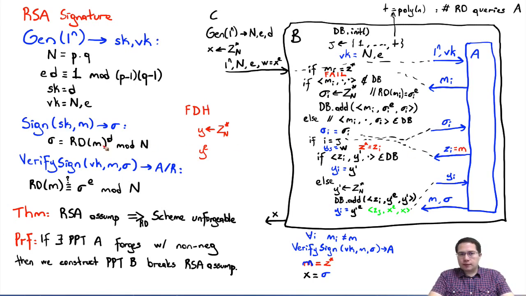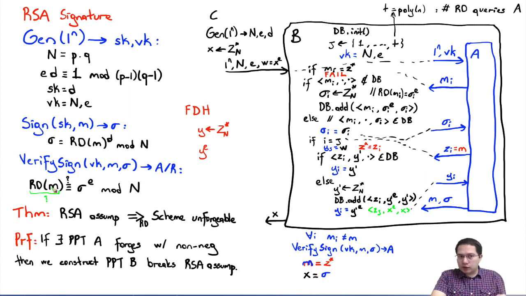Remember, it's a random oracle, and the signature is generated as random oracle of this M to the power D. Essentially, the verification is done such that sigma to the E must be equal to this random oracle of M. Now think about it this way. If the adversary never queried for M, essentially this part is a completely random element from Zn star as far as the adversary is concerned.